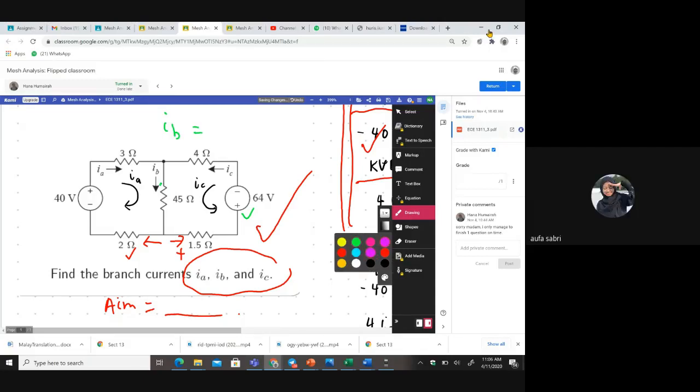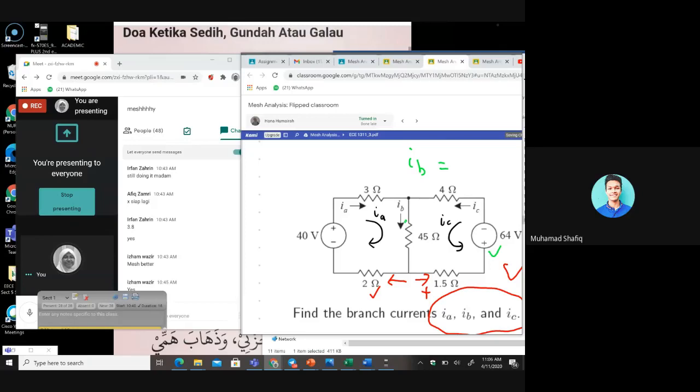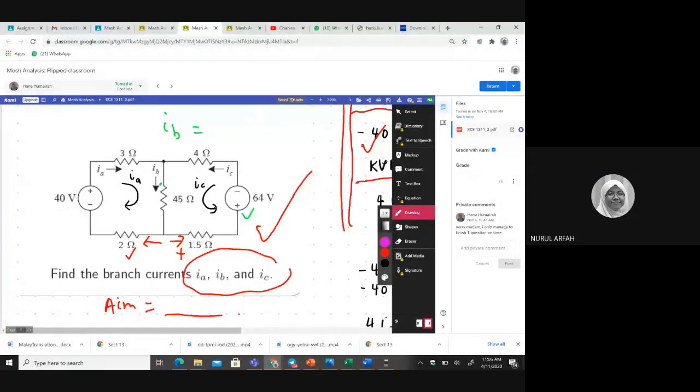I don't know. IA plus IC. Yes, you need to use the KCL. The mesh is we're going to look at the loop, right? The imaginary. So that's the point of mesh. Yes, I see. Yes, you need this information in order to get this IB.